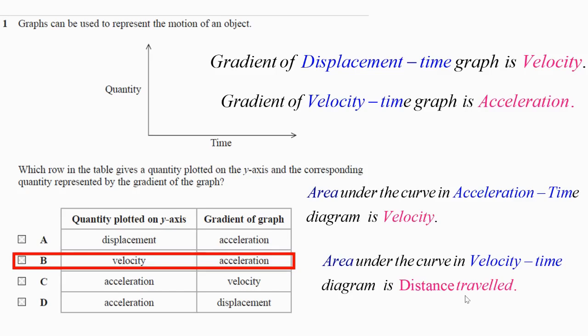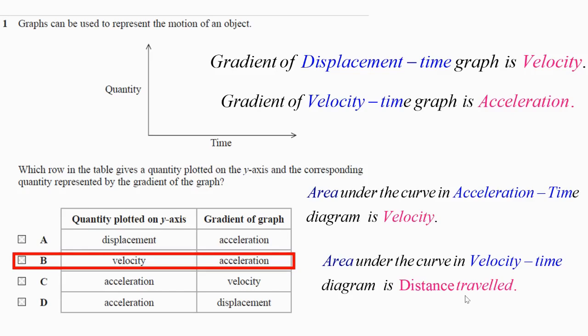Then for choice C, the gradient of acceleration time graph, we will get jerk. Again option D is also wrong.